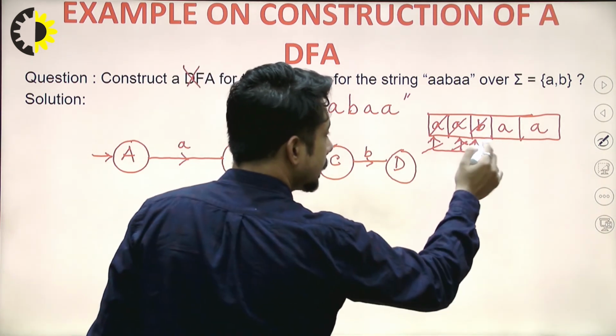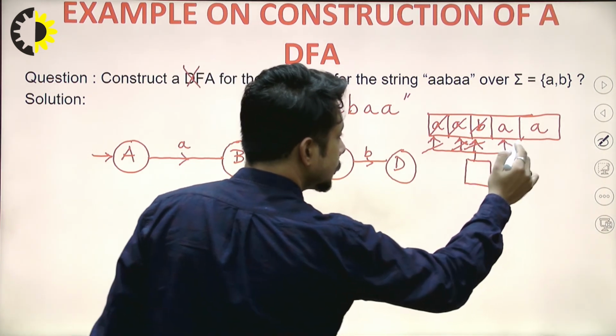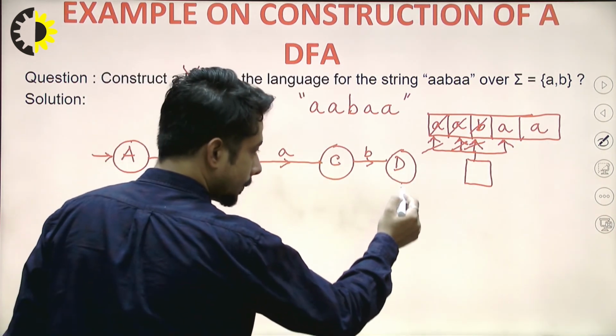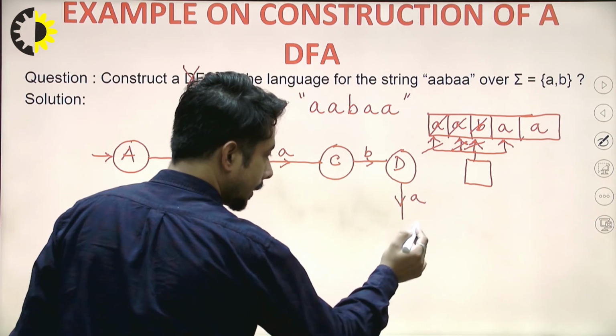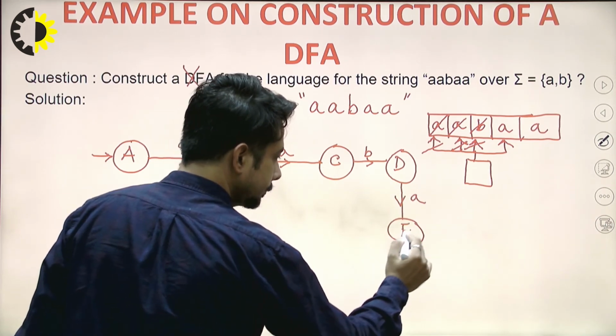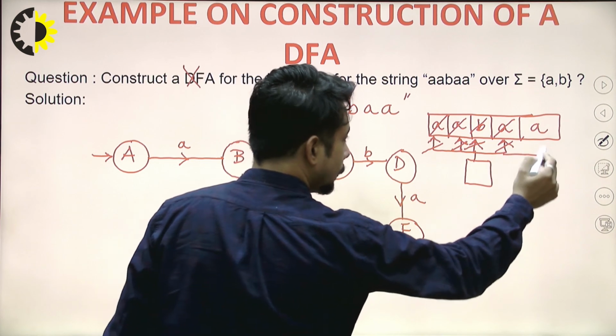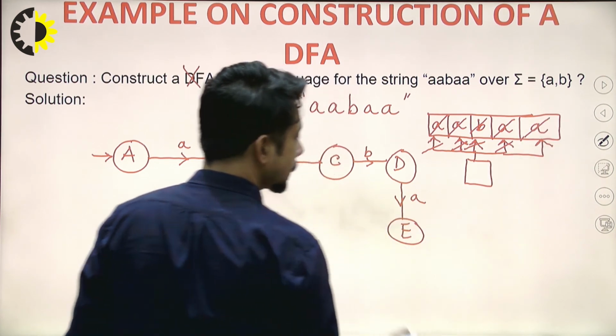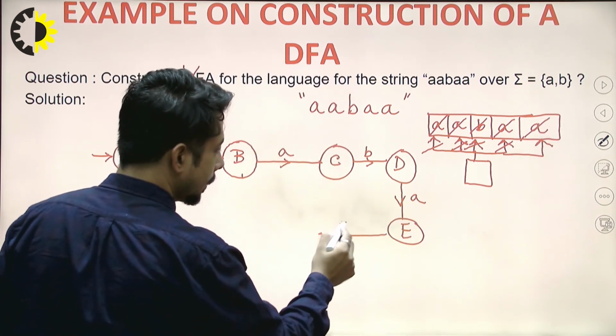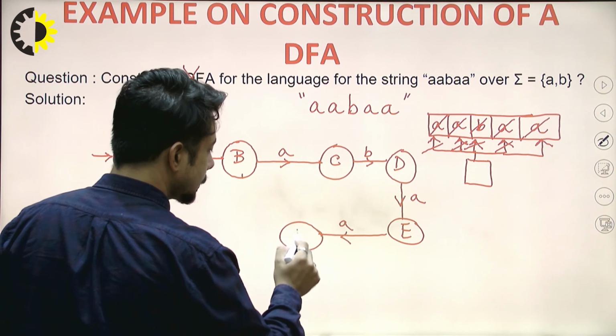So B is read, then the tape head reader will move to A, so again a transition A from state D to state E. This alphabet has been read, then it will move forward and read the last element, A, and go to another state, say F.